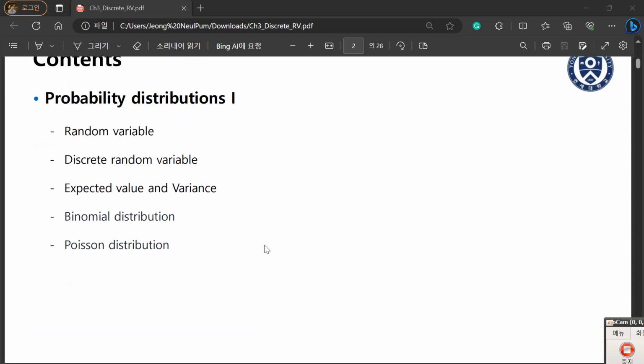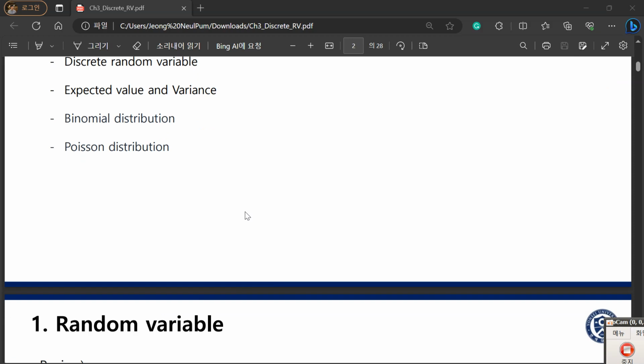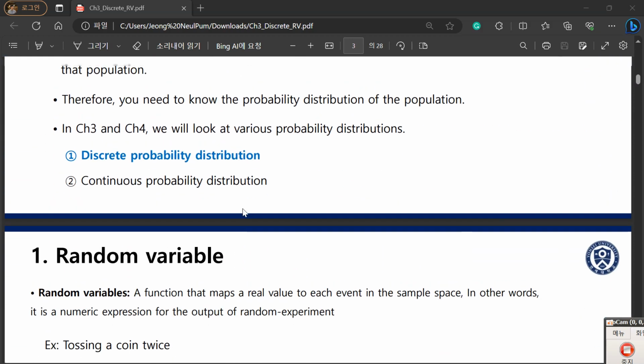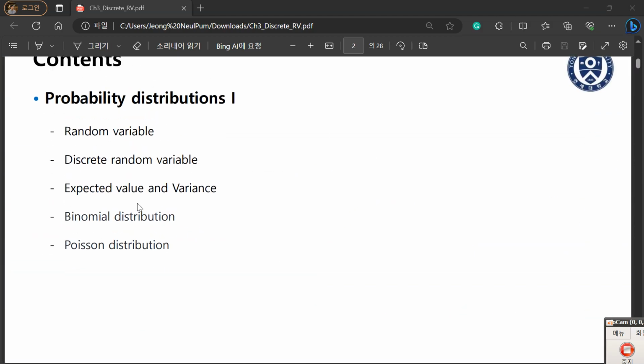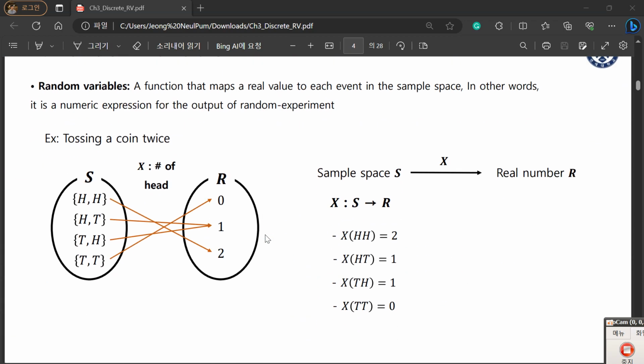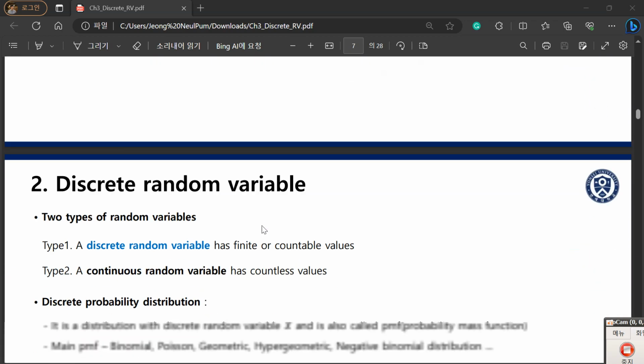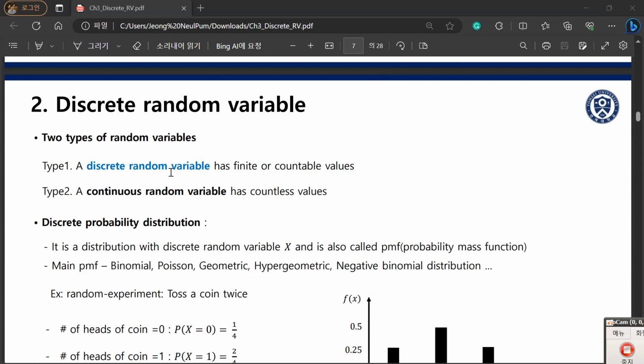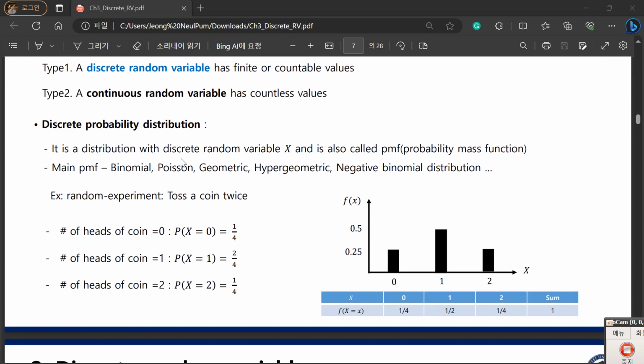So in this TA class, we are going to visualize and see some results from each distribution, especially getting the probability of each distribution, which is the most important thing for this week's TA practice. As you already know, a discrete random variable has discrete values.